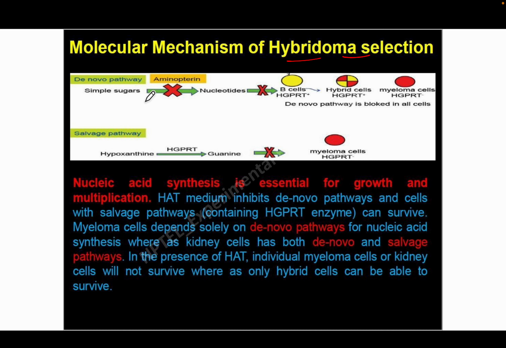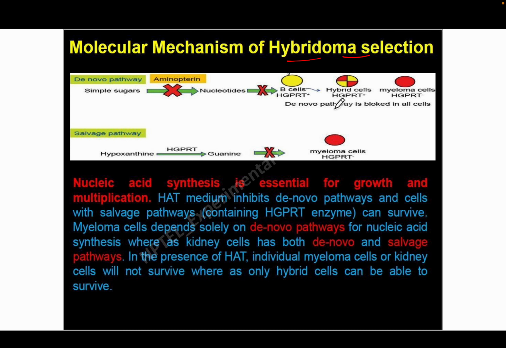So the de novo pathway is, you have simple sugar. So from simple sugar you are getting nucleotides. From that, B cells are HGPRT plus, hybrid cells too, and myeloma cells are HGPRT minus.